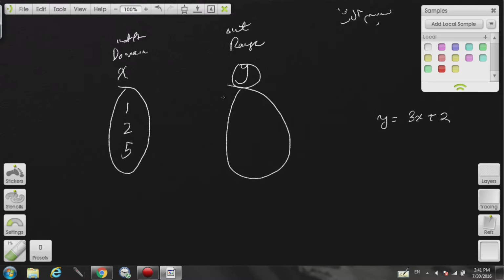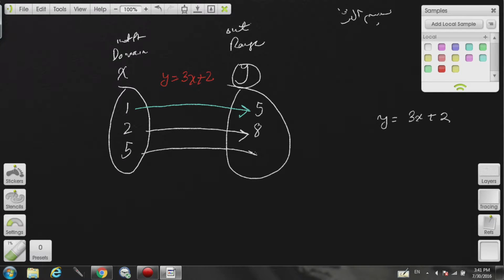If x is 1, applying this rule, the way to get y is 3x plus 2. So if x is 1, this is 3 times 1 plus 2, that's going to be 5. And if I apply the same rule to 2, it'd be 6 plus 2, it'd be 8.